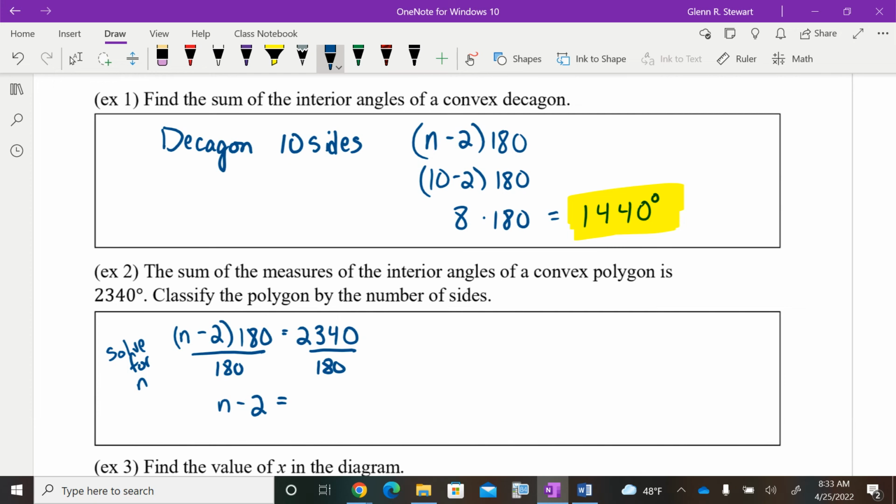Now, I don't really have my calculator in here. Does anyone want to answer? Yeah. 13. Thank you. All right. And then we're going to add 2 to both sides. So we get n is equal to 15. So we'll have a 15-gon, or 15-sided polygon.